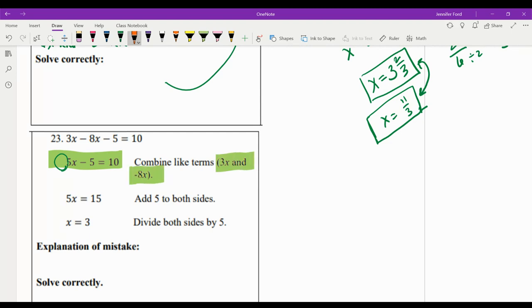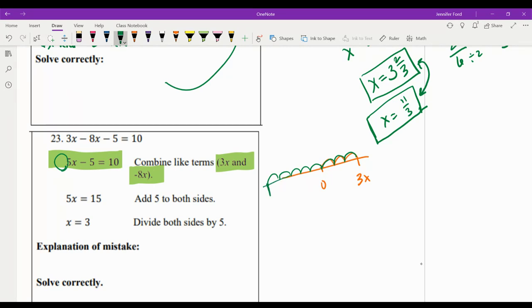If you think about your number line, if this is 0, 1, 2, 3. If you start here at 3x, where each of these jumps is x, and then we go backwards 8 x's, I'm going to go backwards. Let me do that in a different color. I'm going to go backwards 1, 2, 3, 4, 5, 6, 7, 8 jumps. Each jump is x.